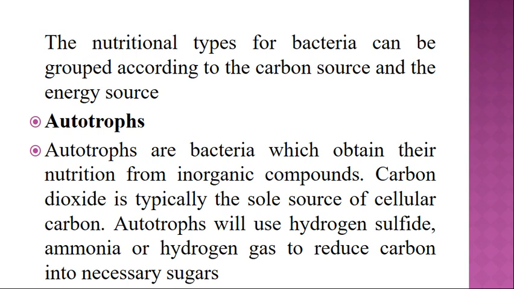Autotrophs are microorganisms which use atmospheric carbon dioxide as a source of cellular carbon. They reduce atmospheric carbon dioxide to sugars. So this is one of the nutritional categories, autotrophic microorganisms. They reduce carbon into necessary sugars.